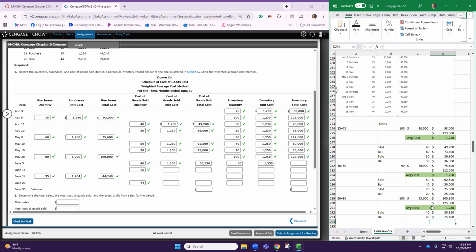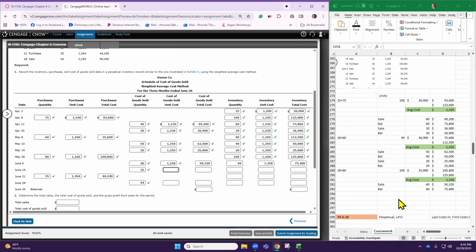All right, so that is going to be now 75,480. And then 25 units to be sold.